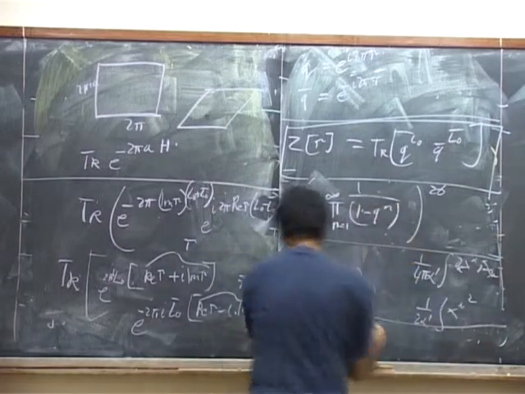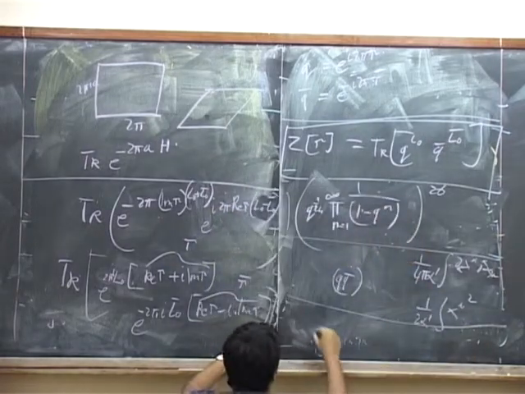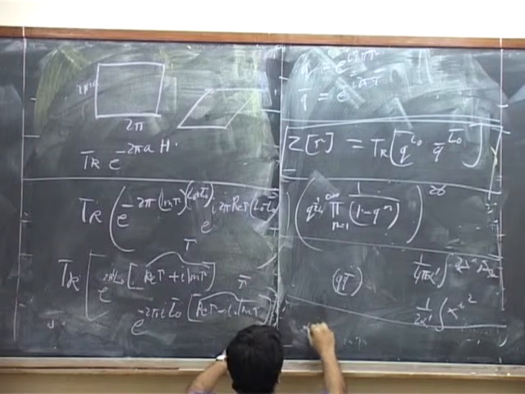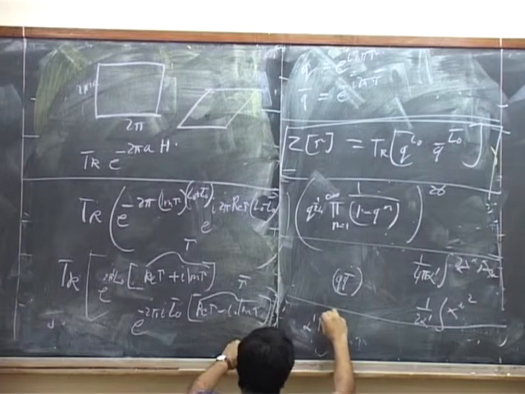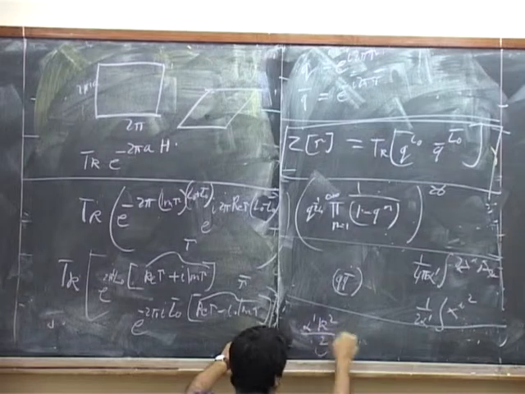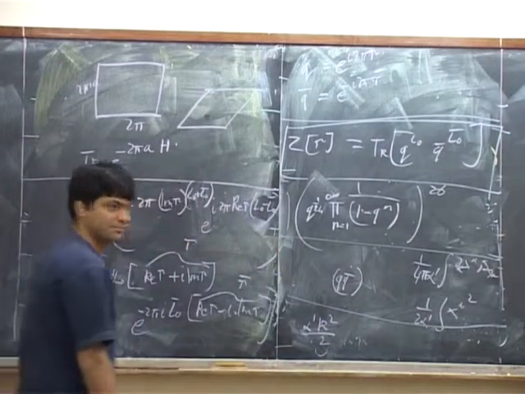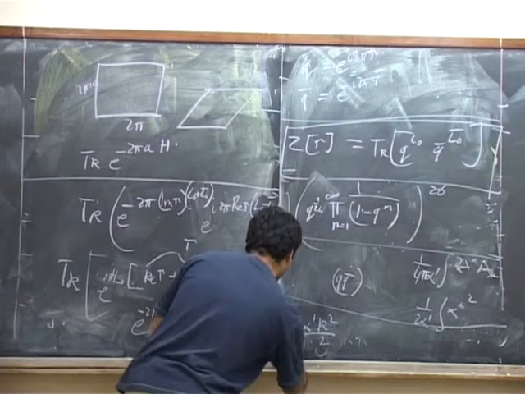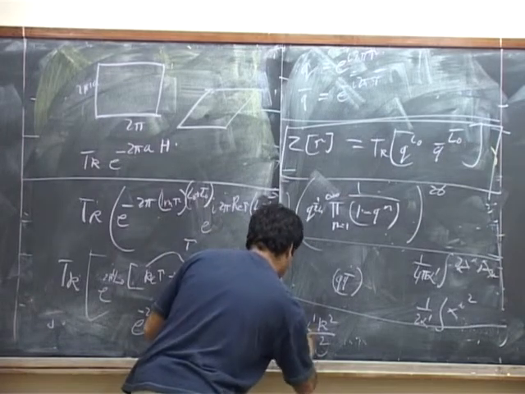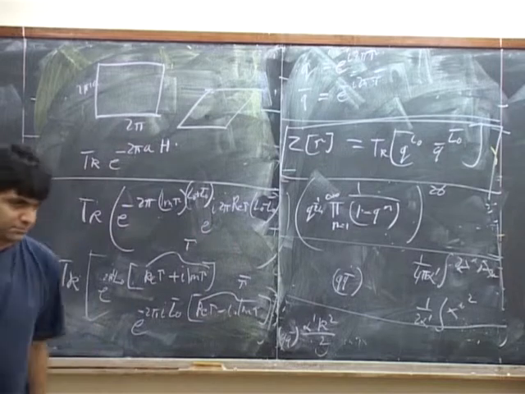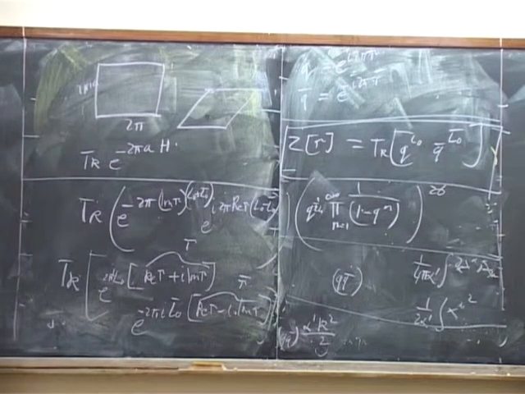Right? So what's the spectrum? The spectrum is p squared by 2m, so it's alpha prime k squared by 2. And we have q bar to this form.